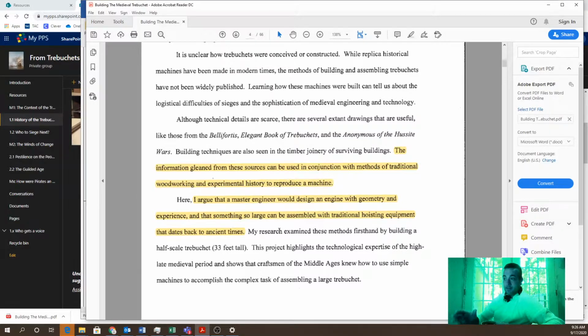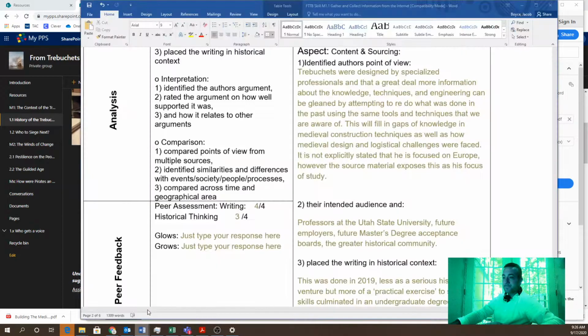And above that, there would be anybody who might accept this student into a master's program or a PhD program or give this person a job. And then truthfully, at the heart of things, every historian wants to contribute to the overall historical knowledge. And so when it comes to the intended audience, I basically just wrapped it all up in this.